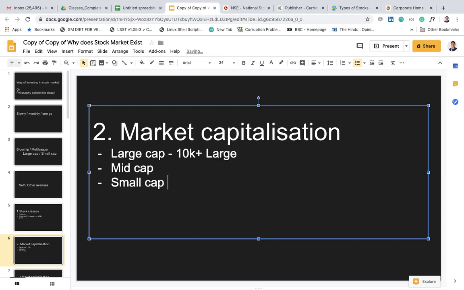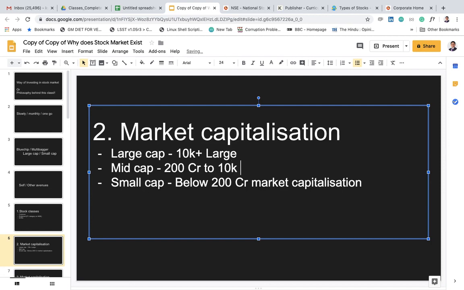Now, when I say small cap company, any company with, let's say, below 200 crore market capitalization can be called a small cap company. And everyone else, anything between 200 crore and 10,000 crore, will be called a mid cap company.